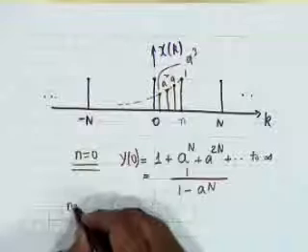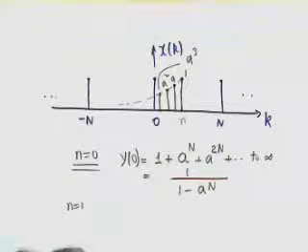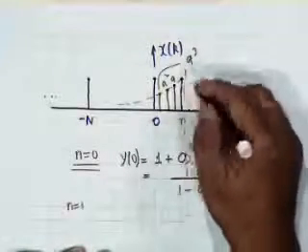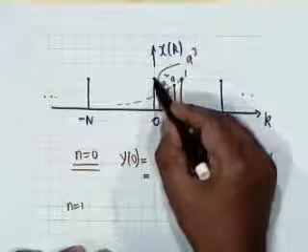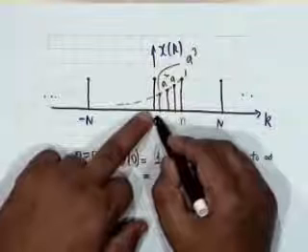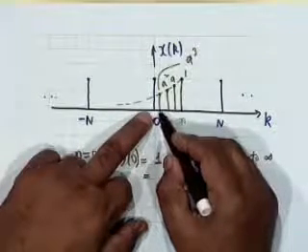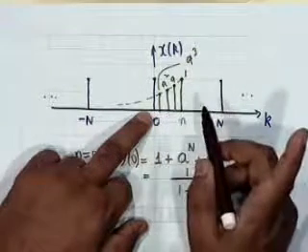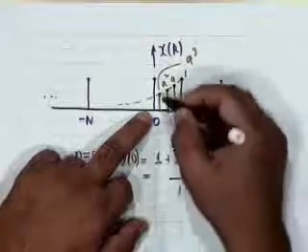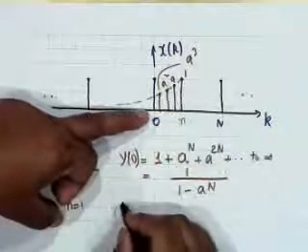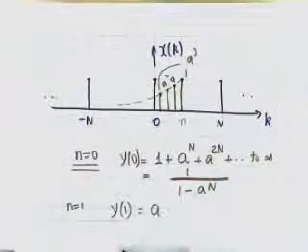Okay. Now let's take n equal to 1. If I take n equal to 1, then this sample comes here, and the overlap with small k equal to 0 becomes of not 1 but of a sample of amplitude a, and therefore the first sample that I get, y of 1, shall be a.